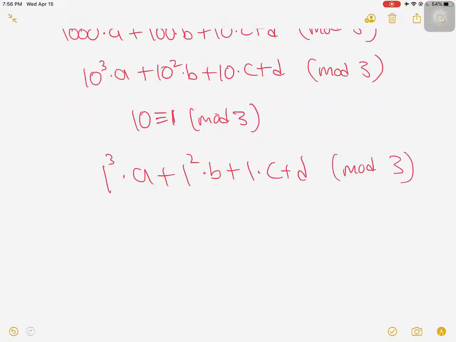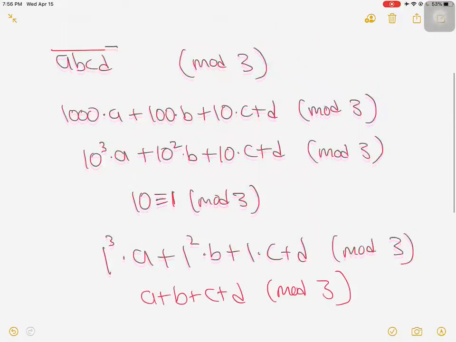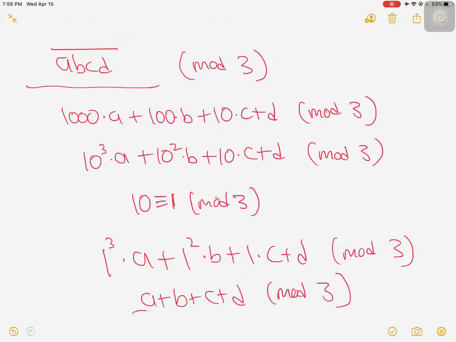And this is simply A plus B plus C plus D. So what this means is that our original number, ABCD, has the same remainder as the sum of the digits when taken mod 3. So if we check that the sum of the digits is divisible by 3, that means the original number is also divisible by 3.